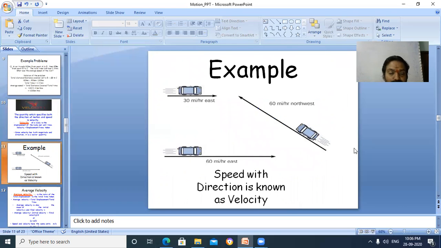Now some examples you can see, in each and every case the cars have a specific direction, like 30 miles per hour, 60 miles per hour northwest, and 60 miles per hour east. Two cars are going at 30 and 60 miles per hour, and one is going at 60 miles per hour northwest. Directions are also exact.